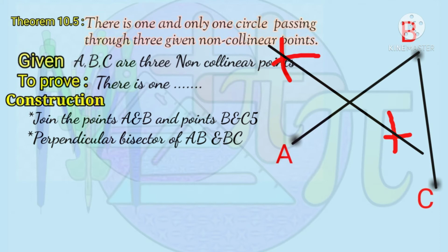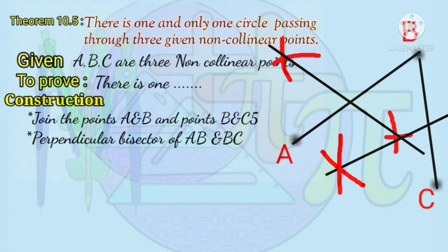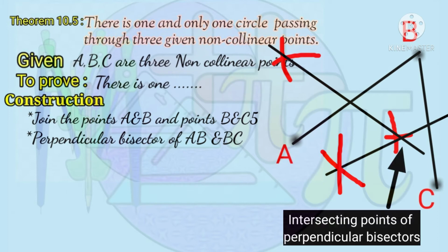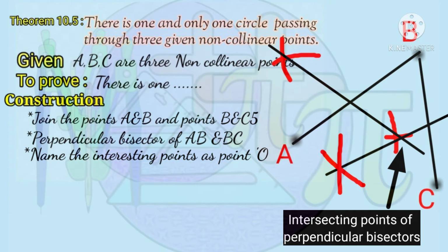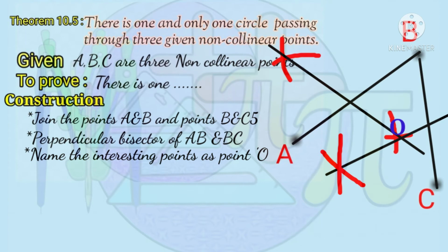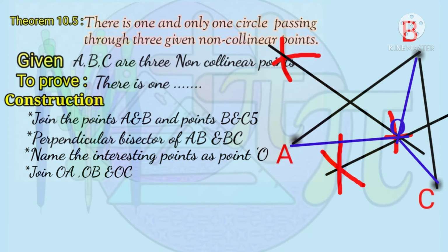Now apply the same process for BC, so we find the perpendicular bisector for BC as well as AB. Now see that these perpendicular bisectors intersect each other at a point. Name this point O. The next step is to join OA, OB and OC.